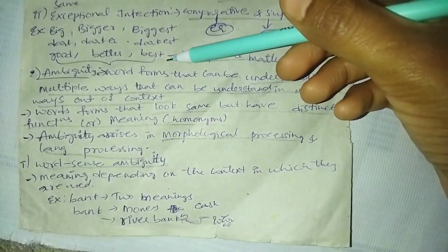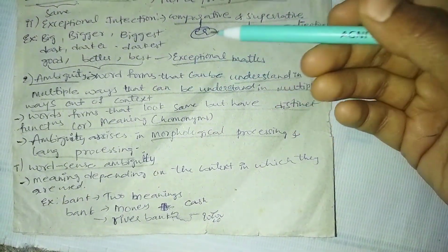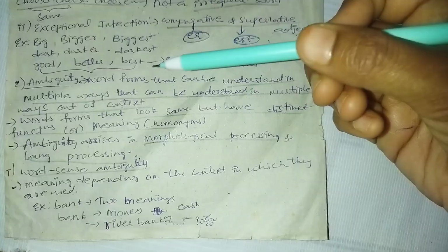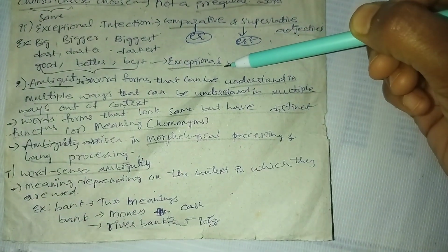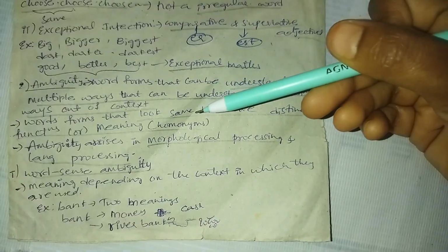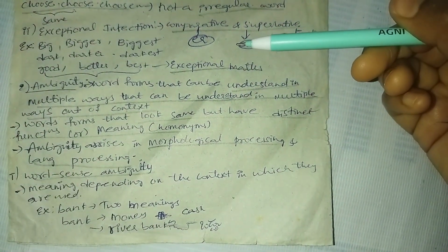Another concept is ambiguity. In issues and challenges, ambiguity is the confusion we meet in our day-to-day life. Word forms can be understood in multiple ways. In one case it has one meaning and in another case it has another meaning.